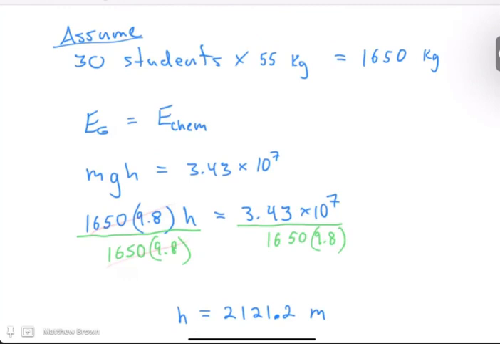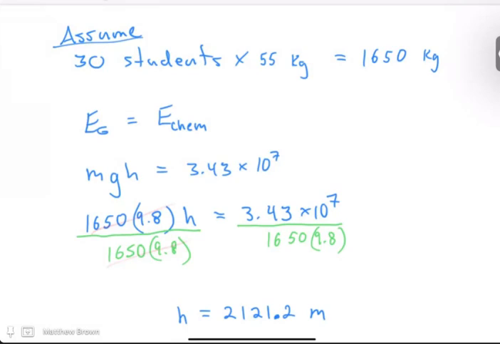Then we're just going to go with conservation of energy. Now that we've got a rough mass estimate for the entire class, we can say we're going to convert all of that chemical energy into gravitational potential energy. And so mgh is going to have to equal all of that chemical energy, which we said is 3.43 times 10 to the 7 joules.